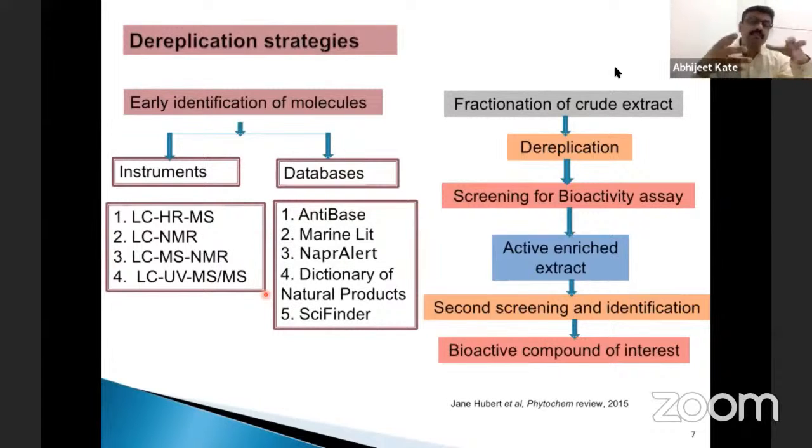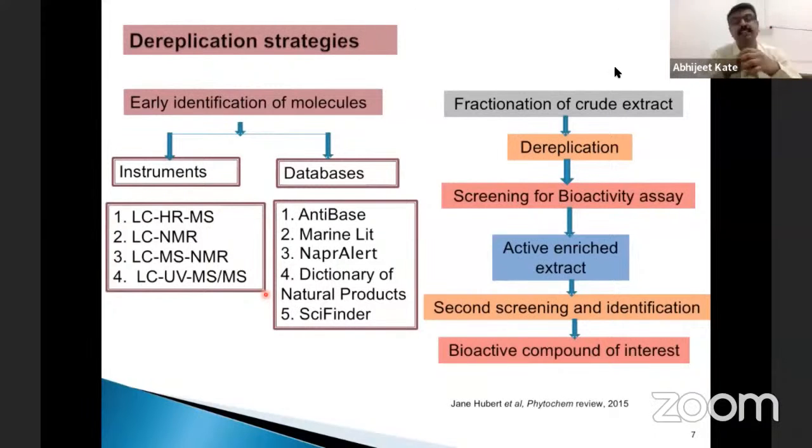If it is MSMS or LCUV, we generally use our own databases. We create these databases from compounds that are already isolated. Now, if you know the accurate mass, I will show you an example in a subsequent slide of how to do that.